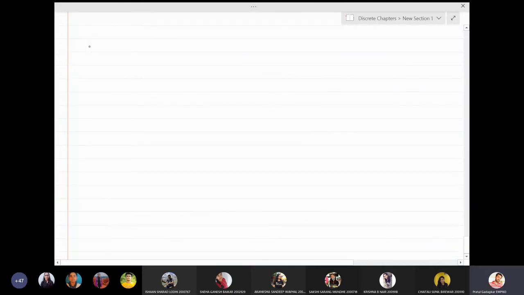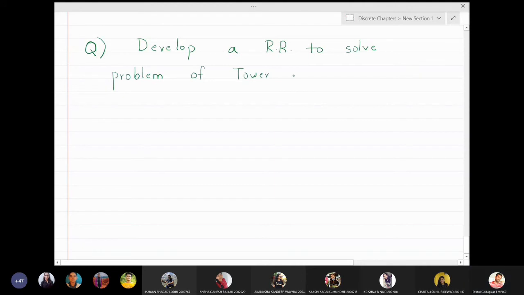Okay. Develop a recurrence relation to solve the problem of Tower of Hanoi for n disks with 3 towers or pegs.